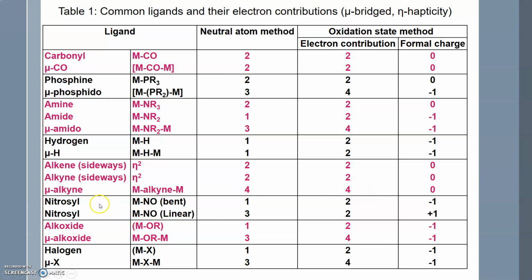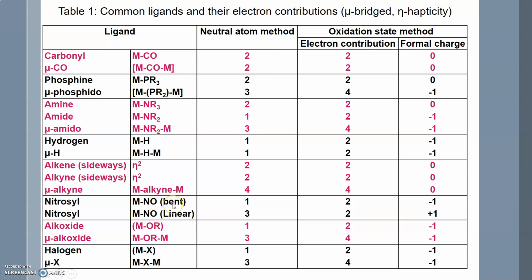Now the interesting case comes with the nitrosyl. Nitrosyl can bond with metal as a bent ligand or as a linear ligand, right? It could result in bent geometry or in linear geometry.